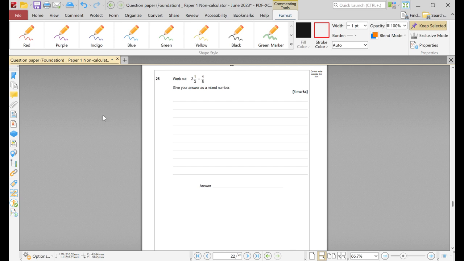Question 25. Work out that divided by that. Well, 2 1/3, what's that in improper fractions? That's 7 over 3 divided by 4 out of 5.